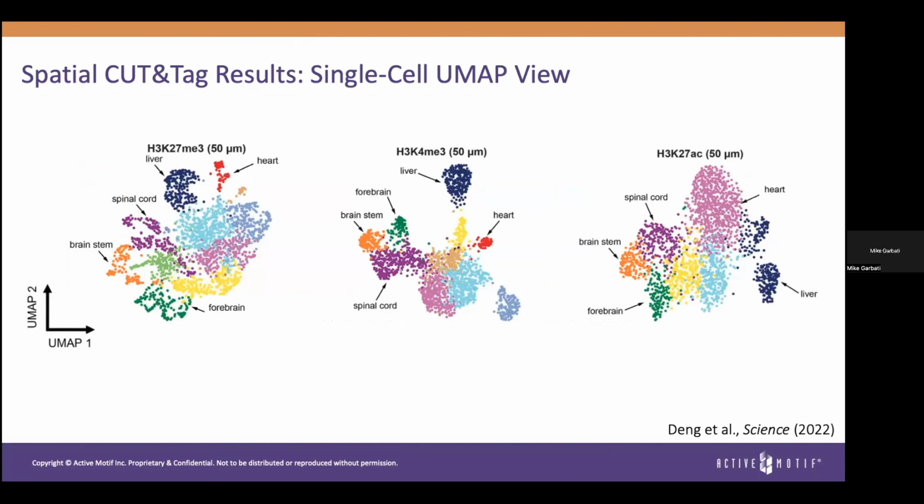So the clinical application here is that it's now possible to use this method on patient tumor samples to generate epigenetic disease signatures while maintaining the geography of the tissue. So what we're seeing is actually the same data from the slides, but looked at in bioinformatics space rather than physical space on the slide.